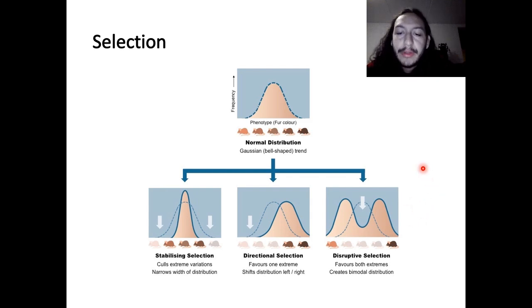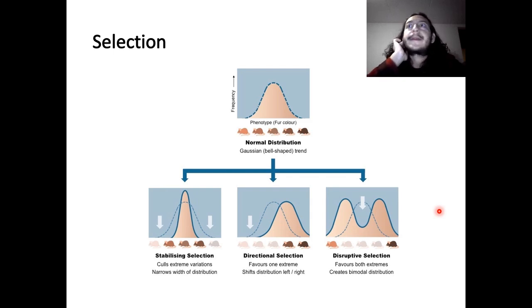Then, for example, you can have the distribution of phenotypes diverge into the extremes. So you have a very light fur color and a very dark fur color coexisting in the same population.